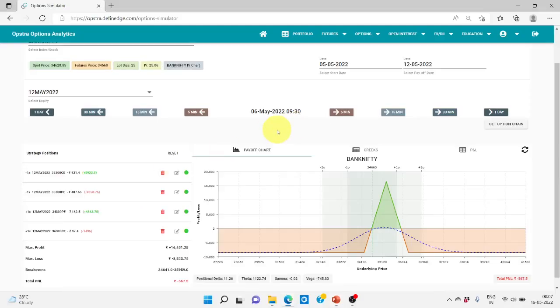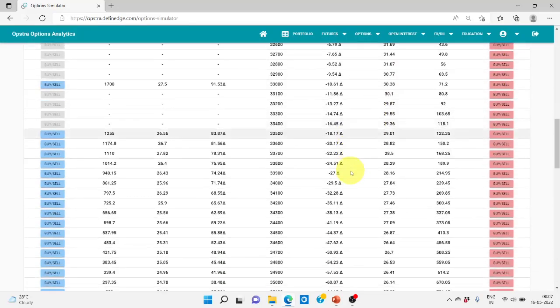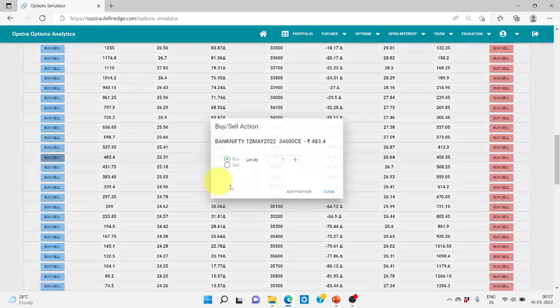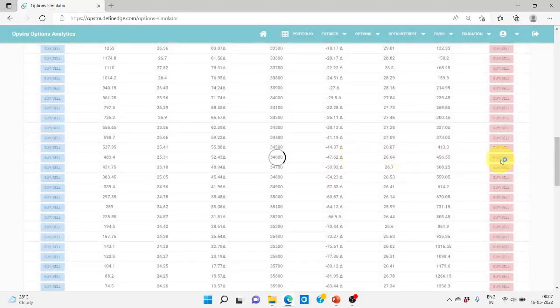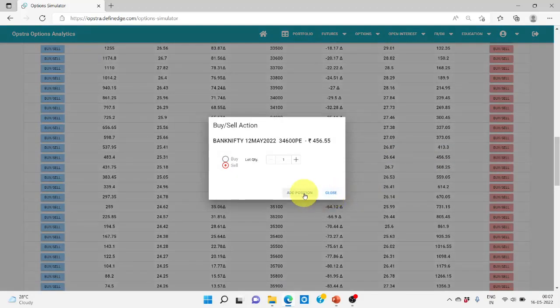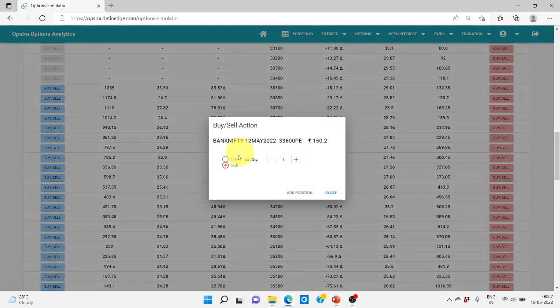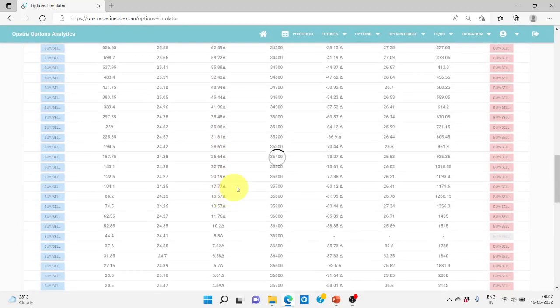Doing an average means we are going to do one more Straddle Iron Fly here at the ATM of 34,600. So we are going to sell one more lot of 34,600 call and put. This time we are not shifting, but we are doing an extra set, with 33,600 and 35,600.